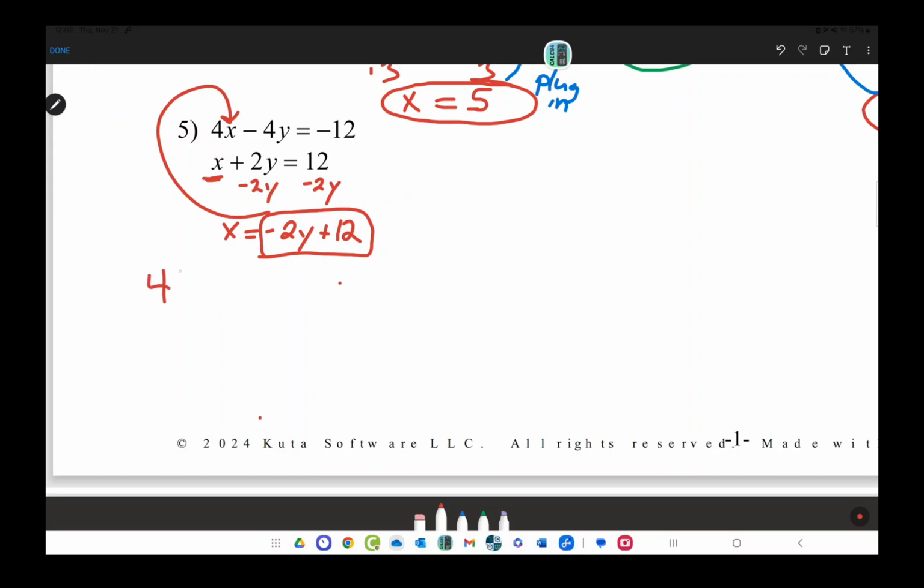So 4, but instead of x, I have negative 2y plus 12, minus 4y equals negative 12. Again, we put this value, plug it in for that x. Instead of x, we write negative 2y plus 12.